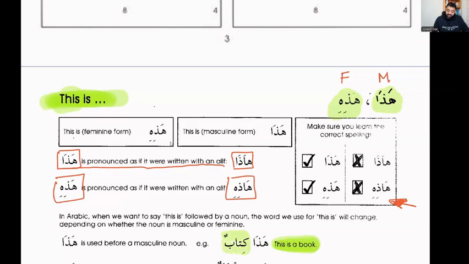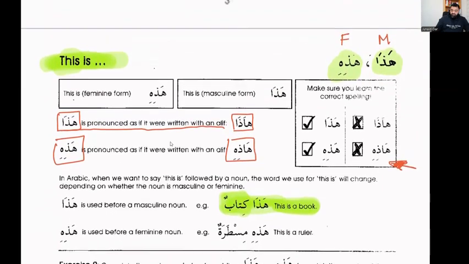Is that male or feminine? Male. So when I'm describing a male, I have to use a male word. Would I use hada or hadhihi? هذا. Very good. Congratulations, you've produced your first sentence: هذا كتاب. This is a book.